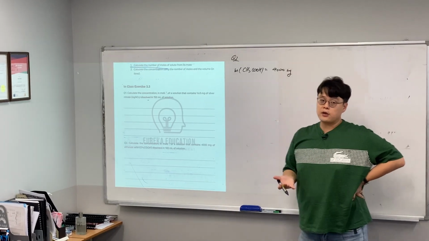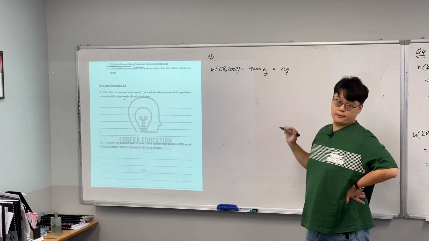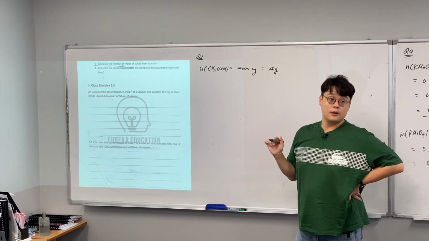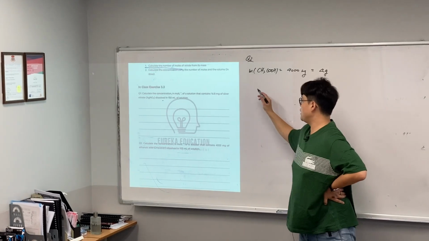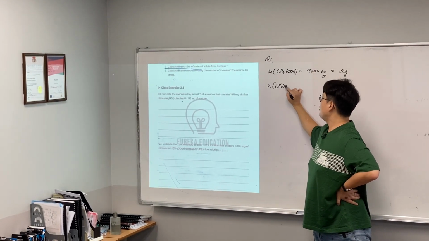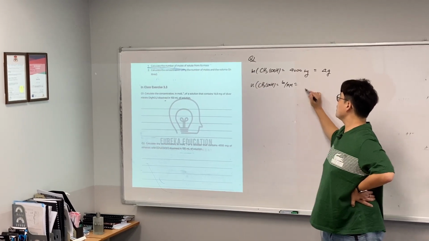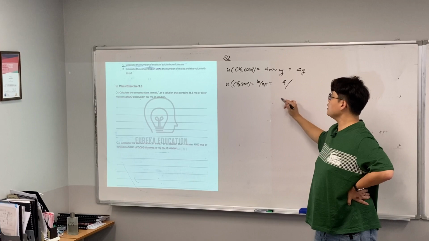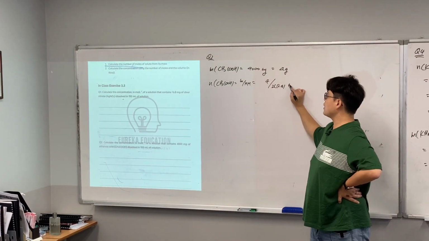Just simply convert it into grams. Isn't that just 4 grams then? Or you can just leave that as 4 grams in 1 sig fig, that's fine. And then the number of moles of CH3COOH can be found from mass over molar mass, that is 4 divided by all the carbons and everything, so 2 times 12.01 for the carbons.